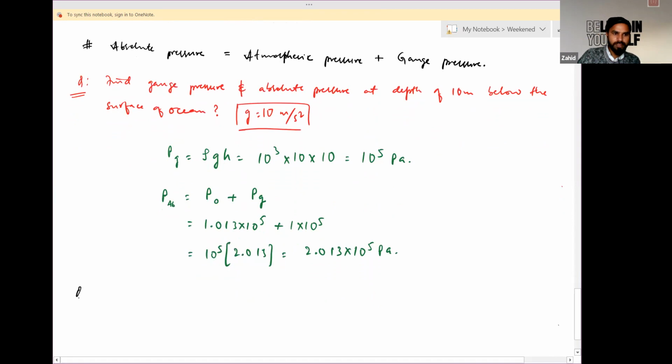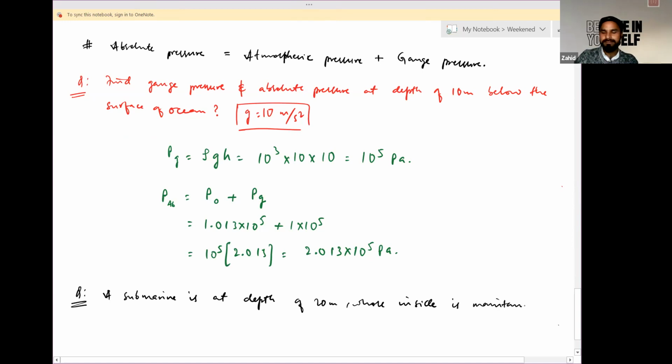Let me give another question. A submarine is at depth of 20 meter, whose inside is maintained at atmospheric pressure.